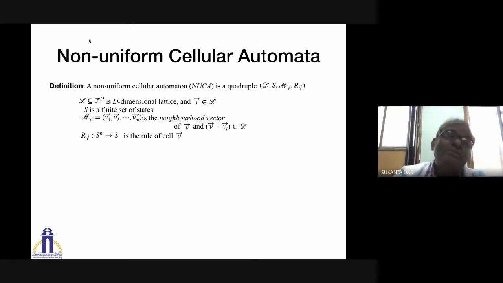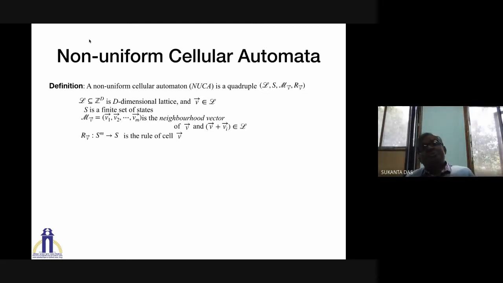Since rules are changing, neighbor dependency may also change. So what is written here, M and R, is for a single V. This is the generalized definition of a non-uniform cellular automaton.